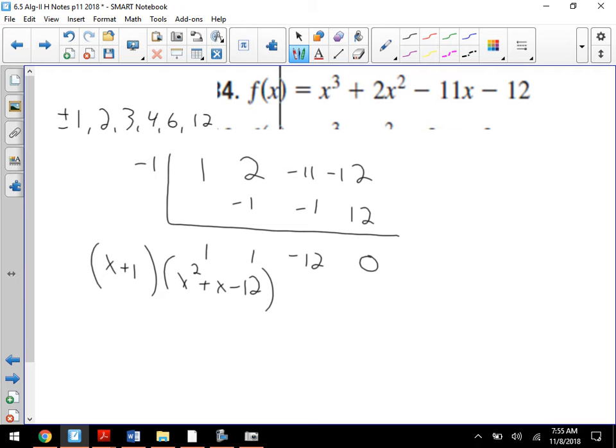If you would have kept going and gotten to negative 3, you would have found a 0. So you got negative 1, and this is positive 4.